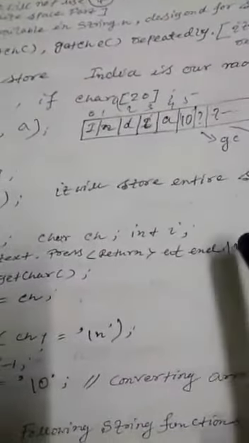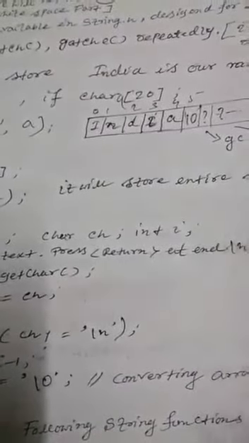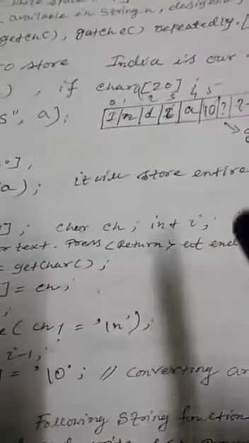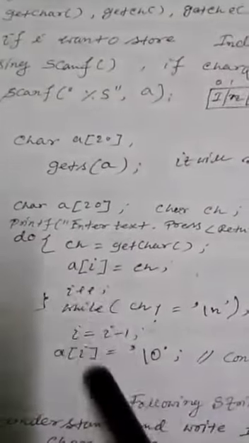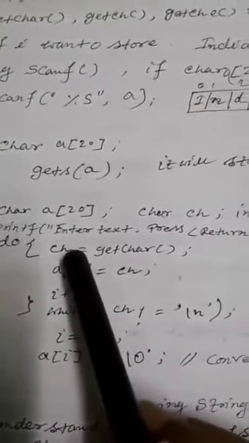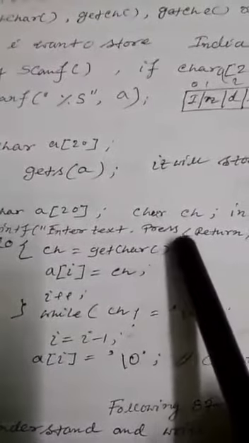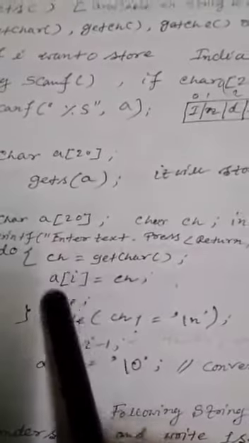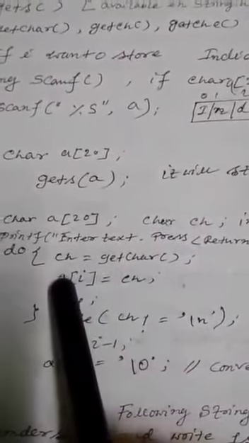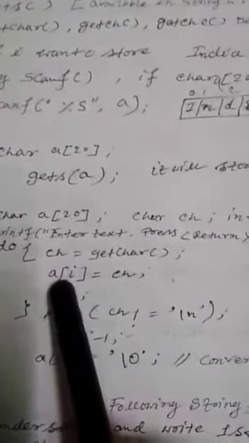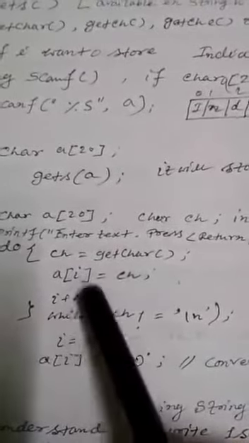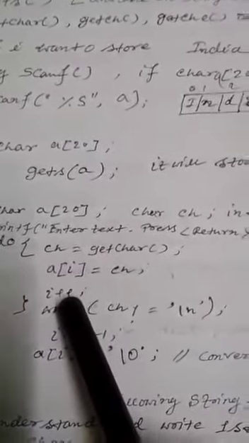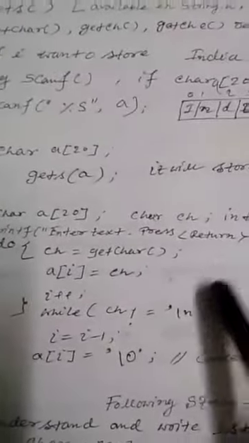Return means a new line, which you give to indicate to the compiler that you want to finish the string. So we are using a do while loop. We accept a character by the getchar function, assign it to ch, and this ch is assigned to the character array at every index. i is incremented from 0 as required.